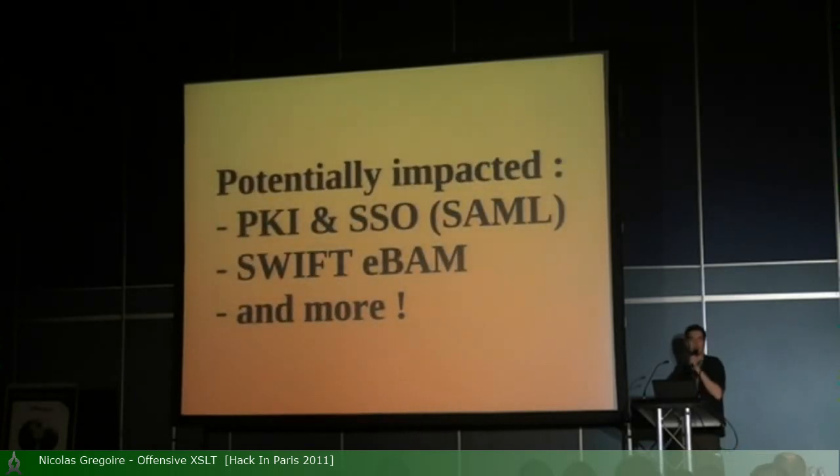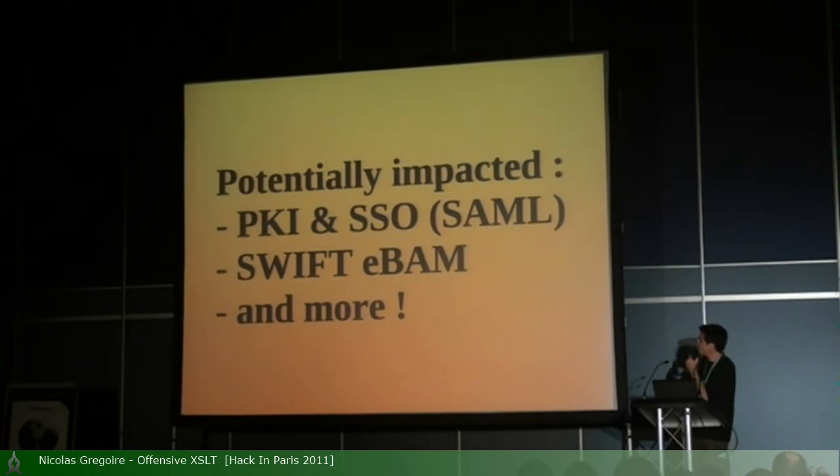I say potentially because not everybody uses libXSLT, and we could find some restrictive configuration where we can't get file creation. I didn't meet any of these configurations in real life, but in my lab it's possible. So we have PKI and single sign-on solutions, which are vulnerable.